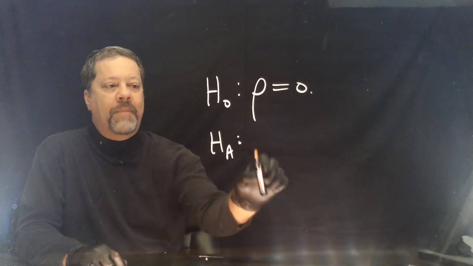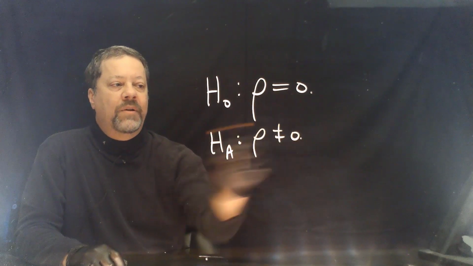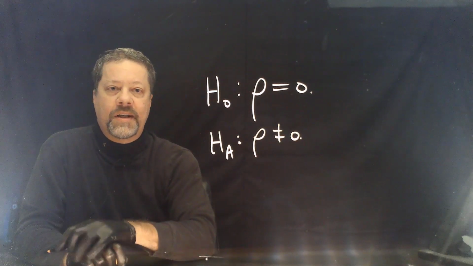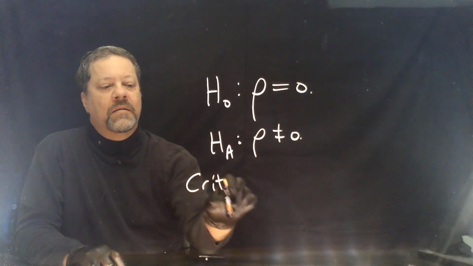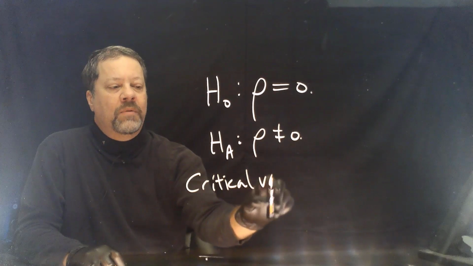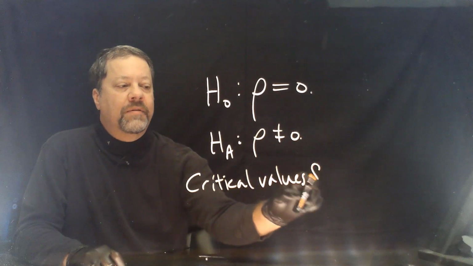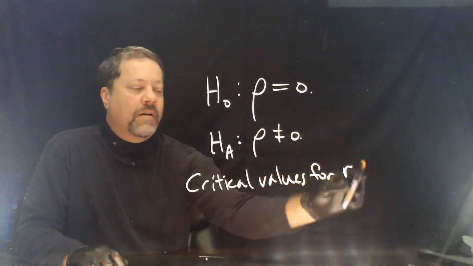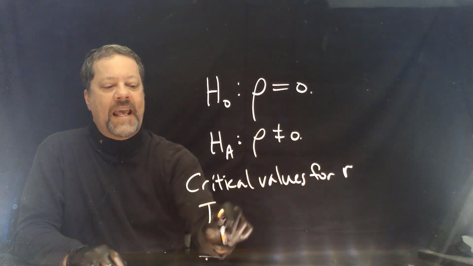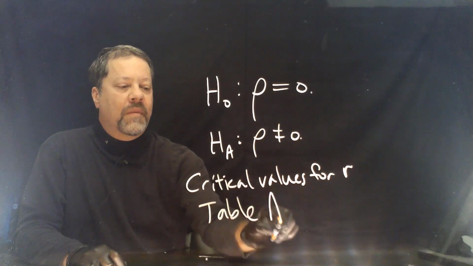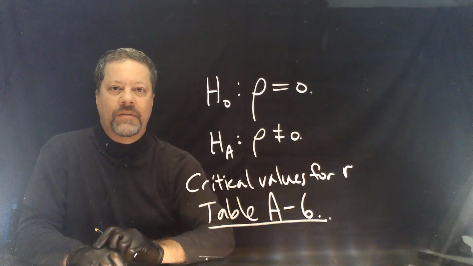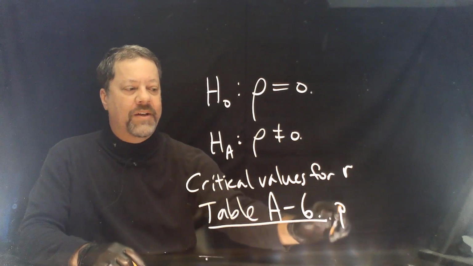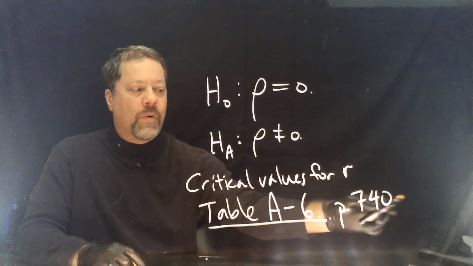Our alternative hypothesis will be rho is not 0, so there is a linear relationship. We'll have critical values for R in table A-6 in your book. This is on page 740.